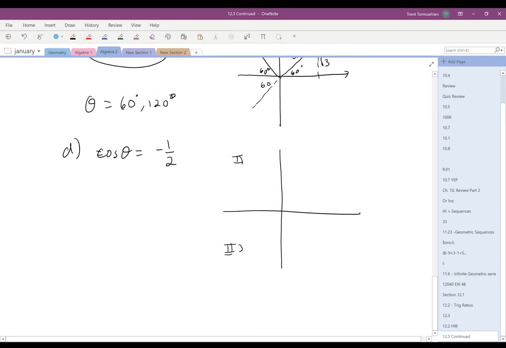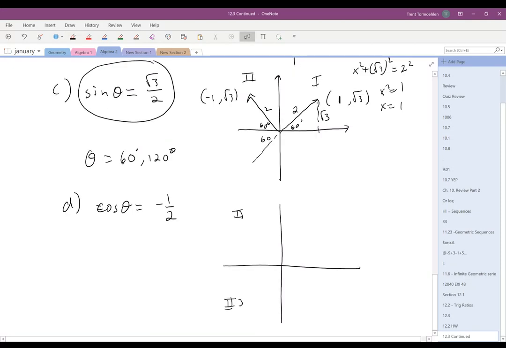And actually, when we think about this, this happens when the r value is 2 and the x value is negative 1, which means that the y value, based on the work we just did, would have to be root 3. And so this is a 60-degree angle. So theta equals 120 is one of the answers.